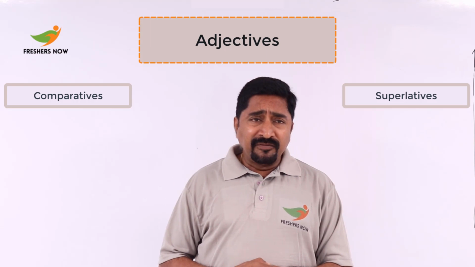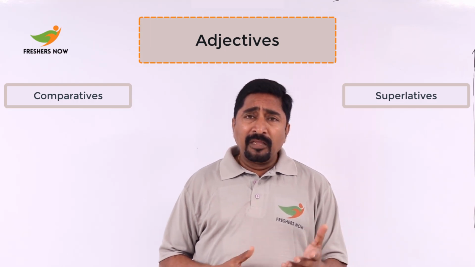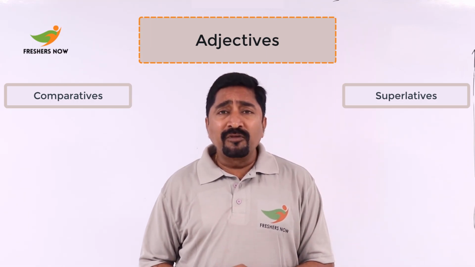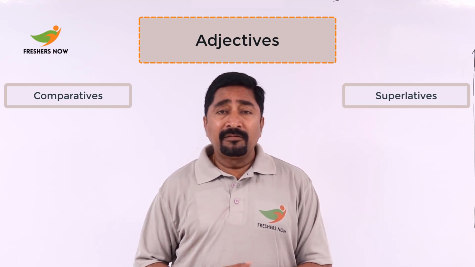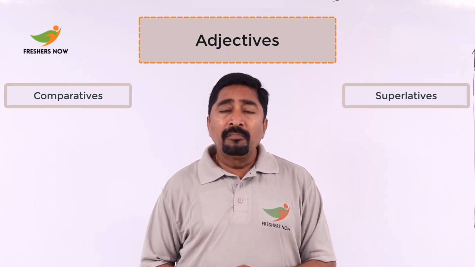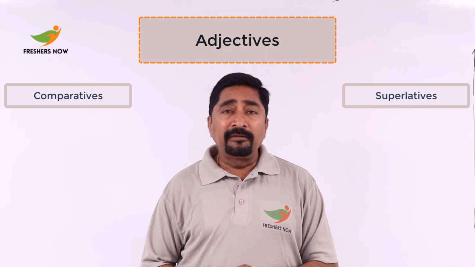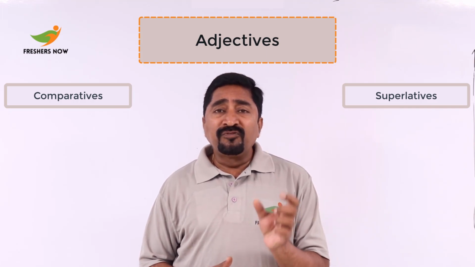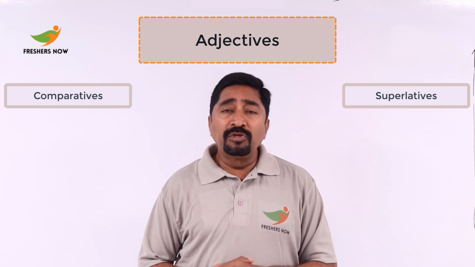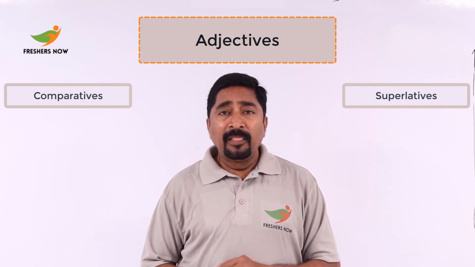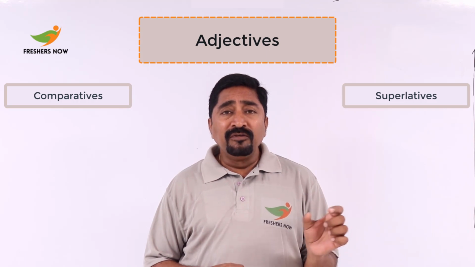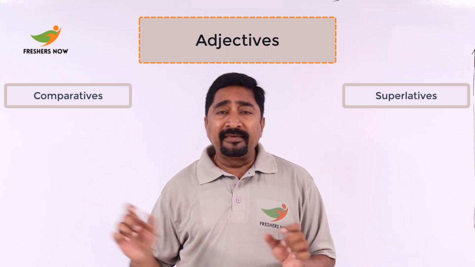For example, if I say, this house is more bigger than that, here I used "more" and "bigger" together, which is incorrect. This house is bigger than that. That's all.